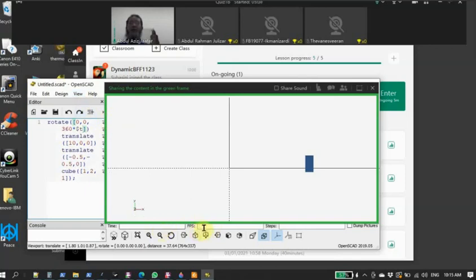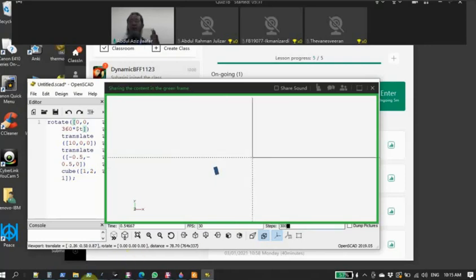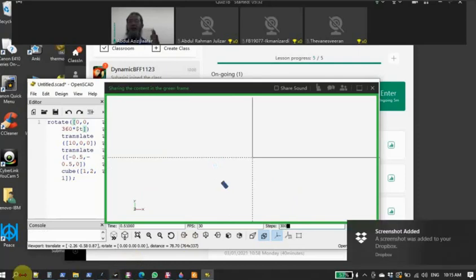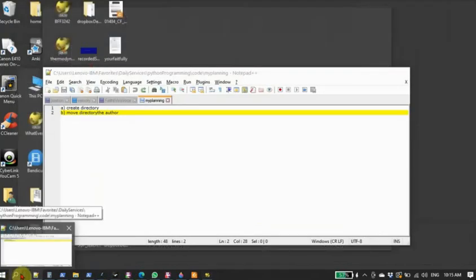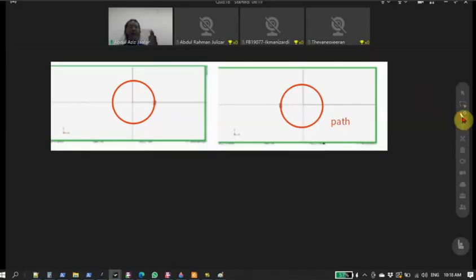Make it 30 frames per second and make it move very slowly. So we have a bike that makes a circular motion. Let me print screen that and then place it on pane.